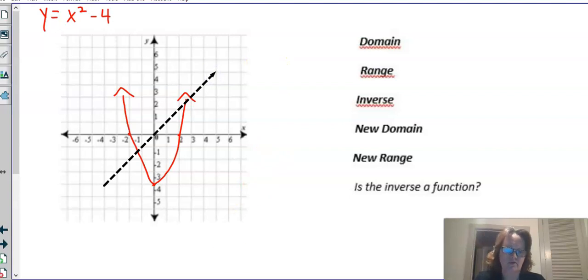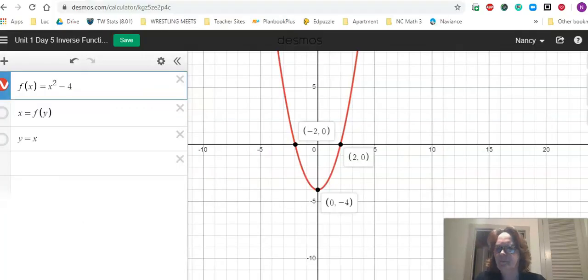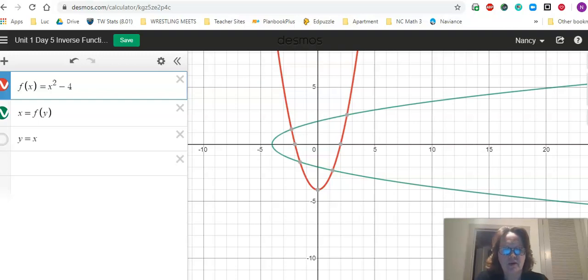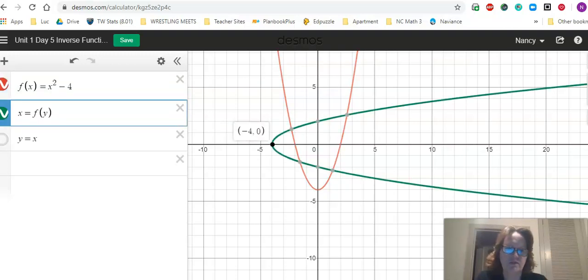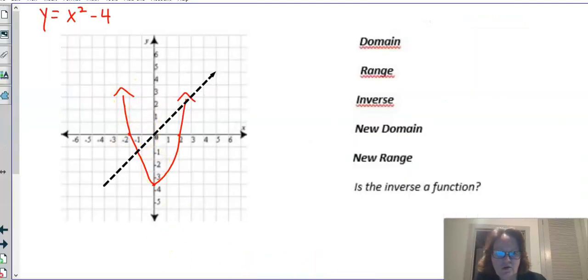So let's go back over here and look at the green one. The green one has the vertex at -4, 0, and y-intercepts of 0, 2 and 0, -2. So -4, 0, 2 and -2, and so this is my inverse.